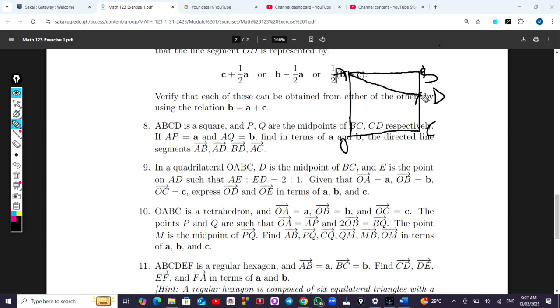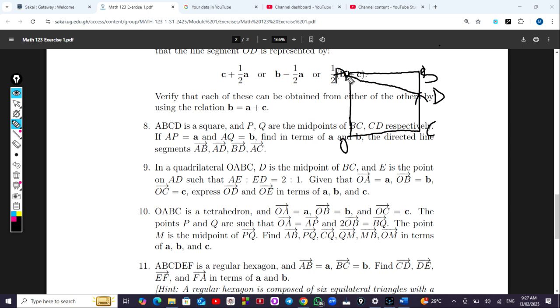AD, say, a line connecting A and D. Okay, so something like this.